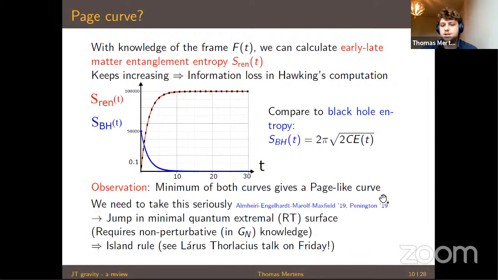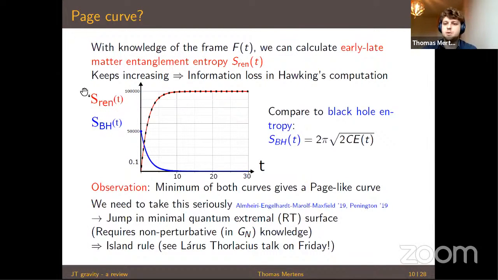Now, what we have learned in the last couple of years is that we need to take this seriously because this actually corresponds to the jump in the minimal quantum extremal, or some sort of refined Ryu-Takayanagi prescription, a jump in this minimal surface, where after the Page time, we actually need to follow roughly this blue curve that's drawn here. But this requires non-perturbative knowledge in gravity because we need to swap the saddles around.